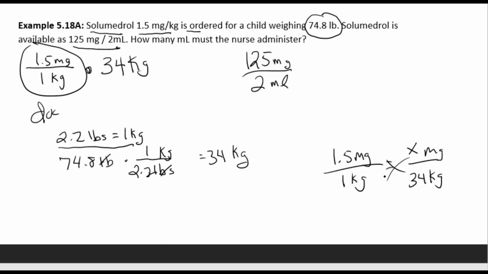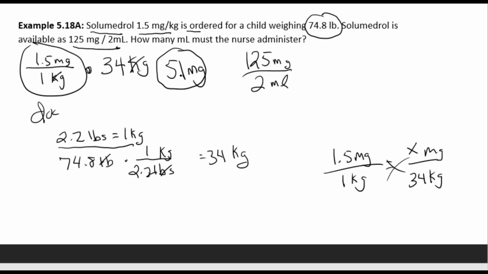Cross multiply and divide. But you're going to get the same thing. The kilograms cancel, and it's really 1.5 times 34 on your calculator. And I'm getting 51 milligrams. So that's how much of the active ingredient I need.